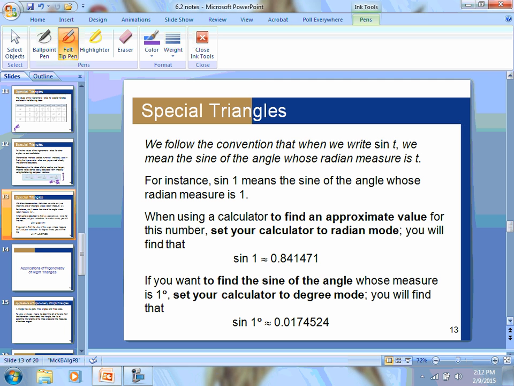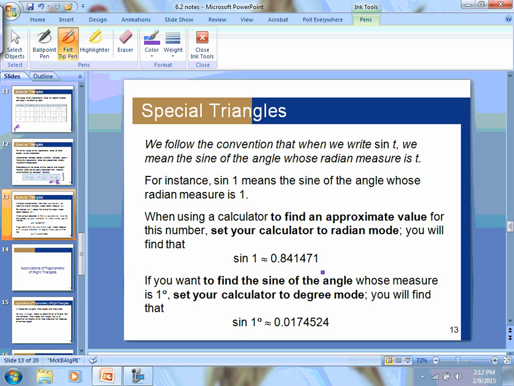And here they're talking about how you write the sine of 1, for instance, and it depends on the mode that your calculator is in. So if you're taking the sine or the cosine of any number or the tangent of any number, if you're in radian mode, you're taking the sine of 1 radian.